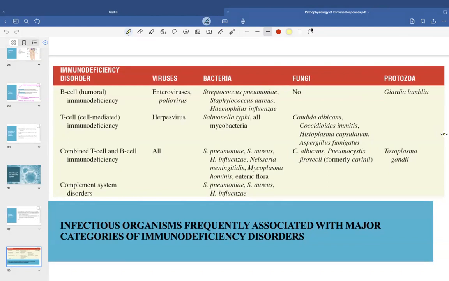You're looking at the disorder and thinking about what each particular component of the immune system does. If you have a B cell deficiency, B cells become plasma cells. Plasma cells produce immunoglobulins.